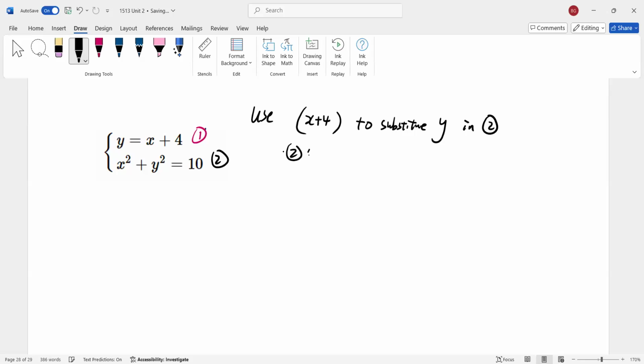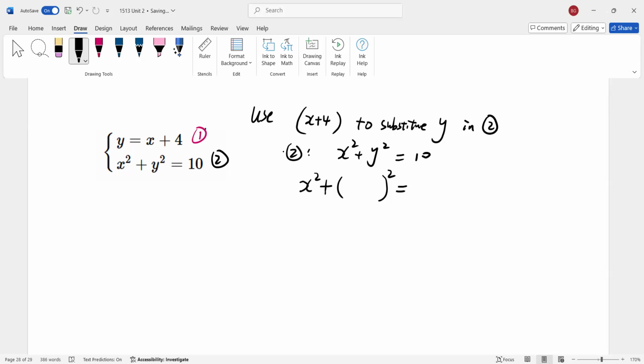Equation 2 is x squared plus y squared equals 10. When we substitute x plus 4 for variable y, we copy everything in equation 2 except variable y. We see x squared, we copy x squared. We see plus sign, we copy plus sign. Y squared, when we see y, we do not copy y.